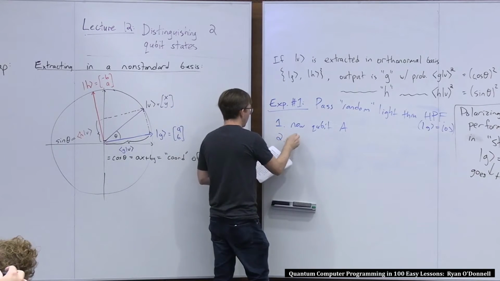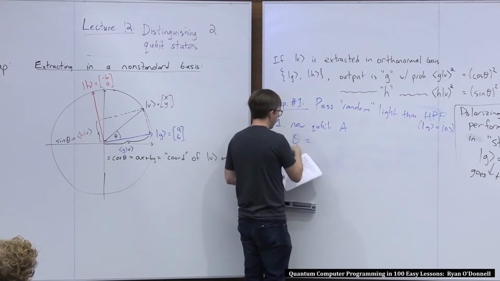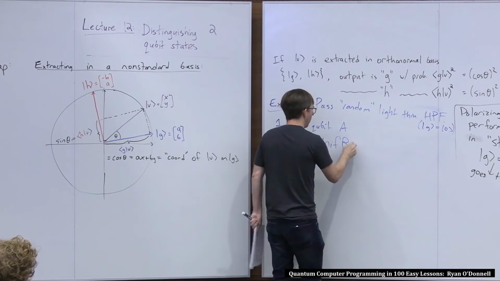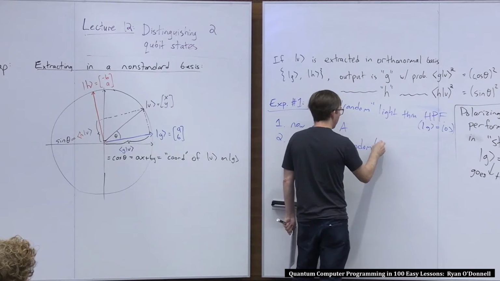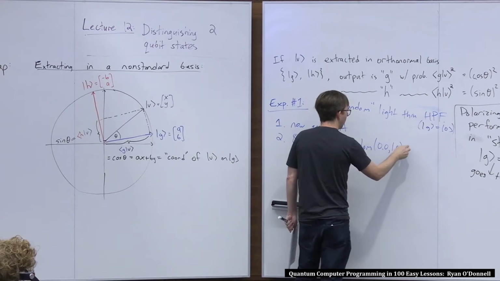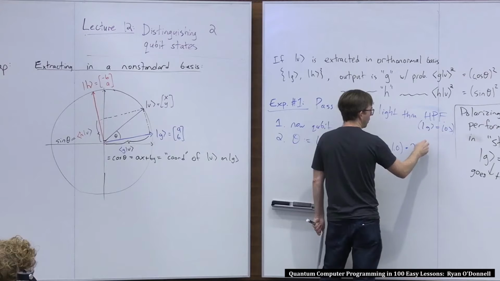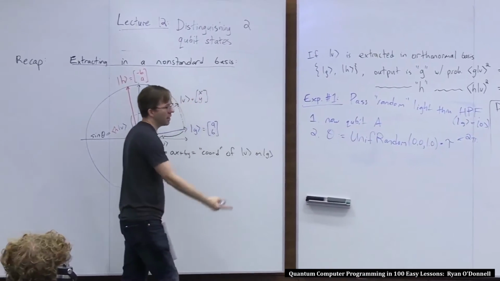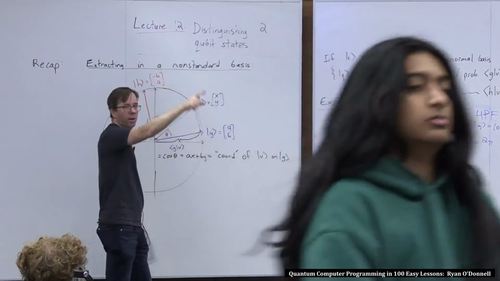And then let theta be a uniformly random real number between 0 and 1 times tau, which remember is 2 pi. So theta is just a uniformly random amount around the circle.